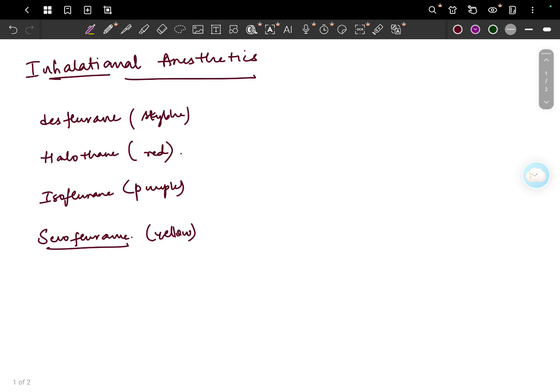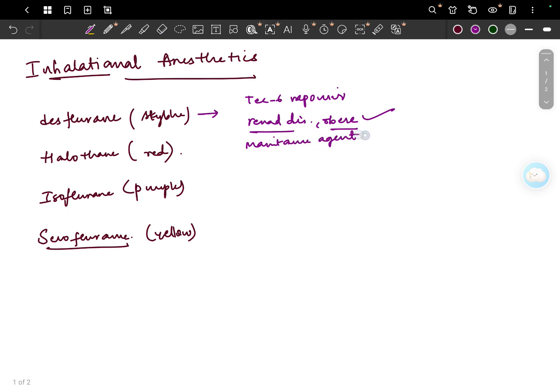Now coming to the next thing, that is desflurane. Basically desflurane uses a Tec 6 vaporizer, and it is used in patients with renal diseases and people who are obese. So it is best for those people. It is also used as a maintenance agent.